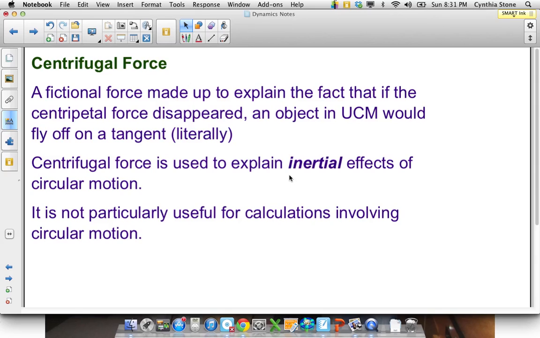Well, there's the friction between your butt and the seat, but your arm sort of runs into the door because your arm's still going straight, and the door pushes you around the corner, right? So it feels like things are flying to the outside, but they're not. It's just that any object spinning in a circle kind of wants to go straight. That's inertia. But it can't go straight because it runs into something, right?